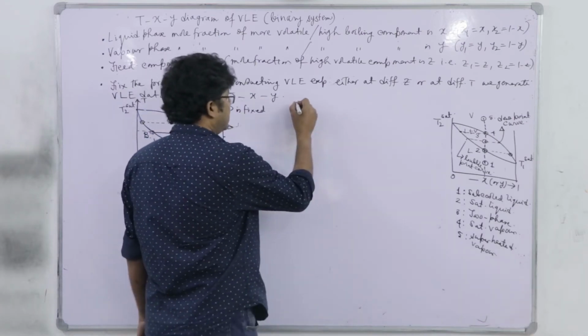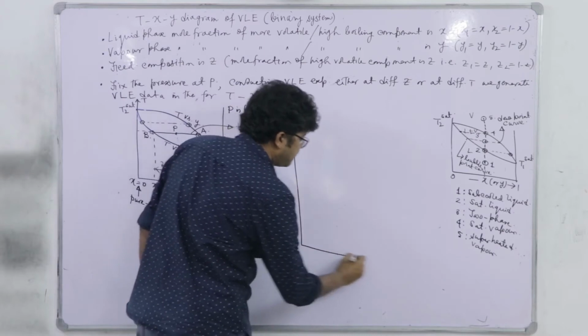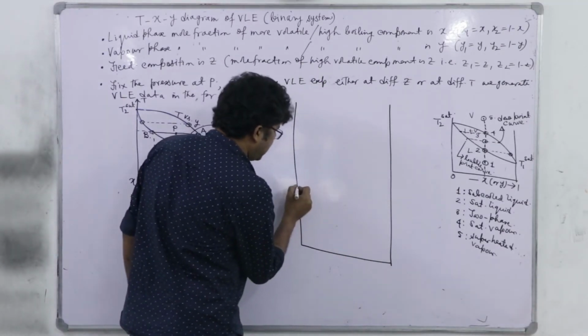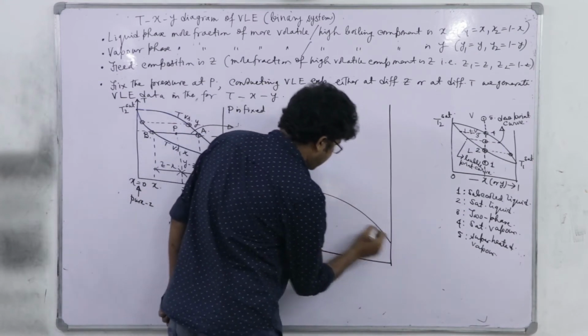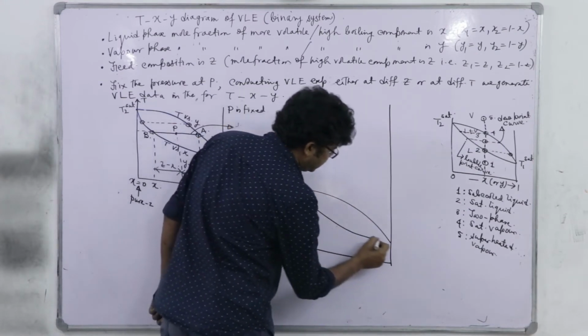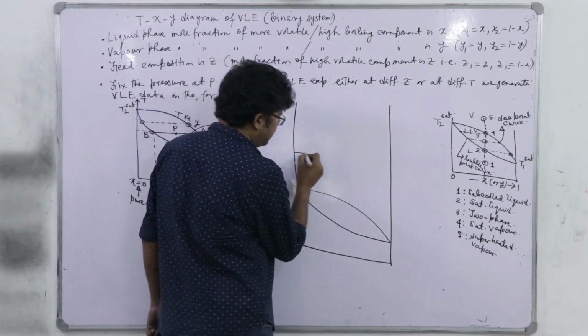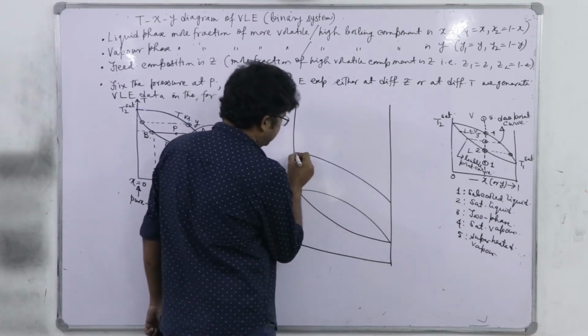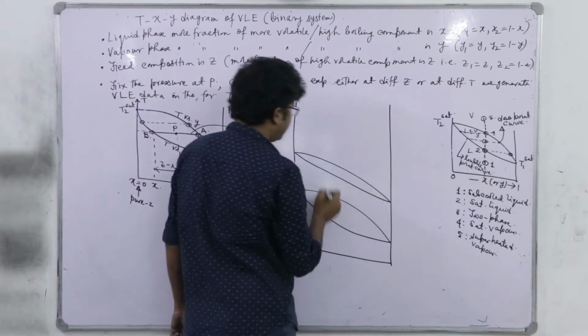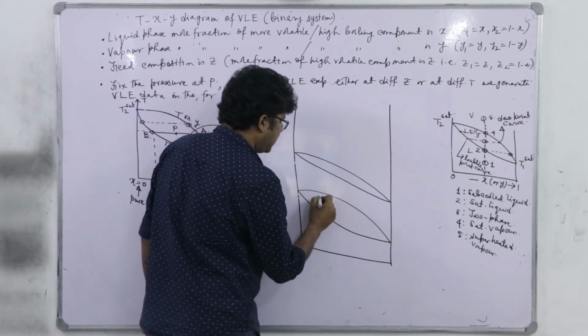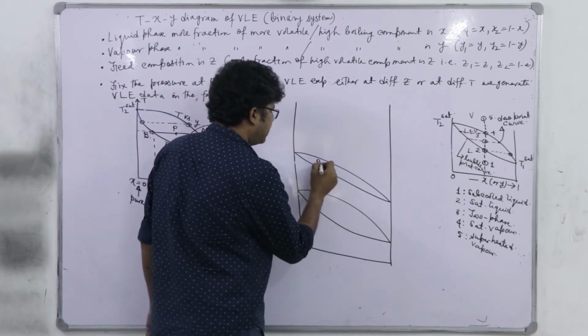So you see, at a very low pressure, the curve is something like this. Its two-phase region is quite bulged out. So at higher pressure, the two-phase region shrinks. Now, this is at P1, this is at P2.